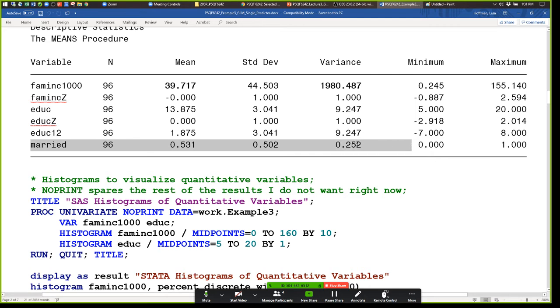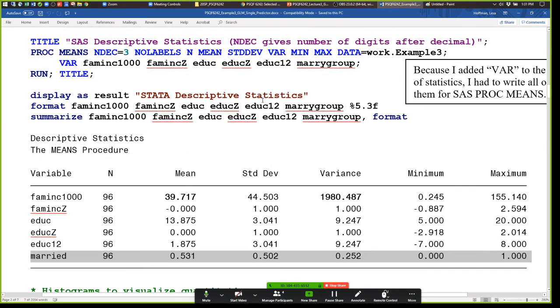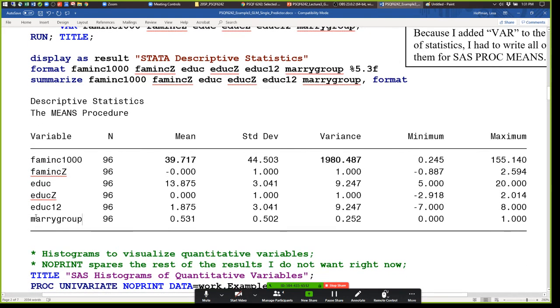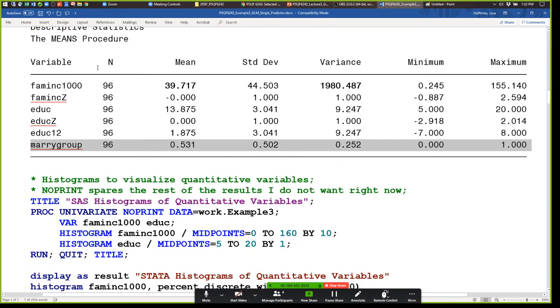And this, although it seems sort of odd, married group, I guess it would say. Yeah, it should say married group. Excuse me, let me fix that real quick. That's the old version, married group. This is a binary variable. 0 means unmarried and 1 means married.